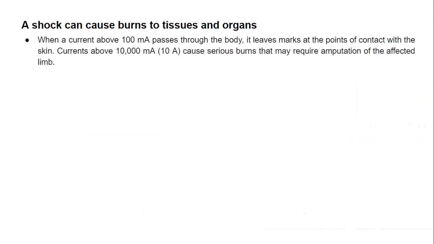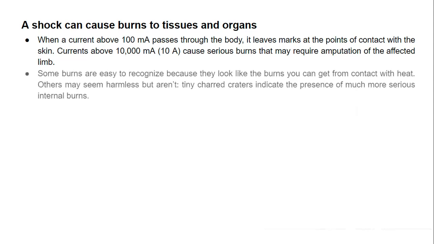A shock can cause burns to tissues and organs. When a current above 100 milliamperes passes through the body, it leaves marks at the points of contact with the skin. And a current above 10,000 milliamperes, that is 10 amperes, causes serious burns that may require amputation of the affected limb.